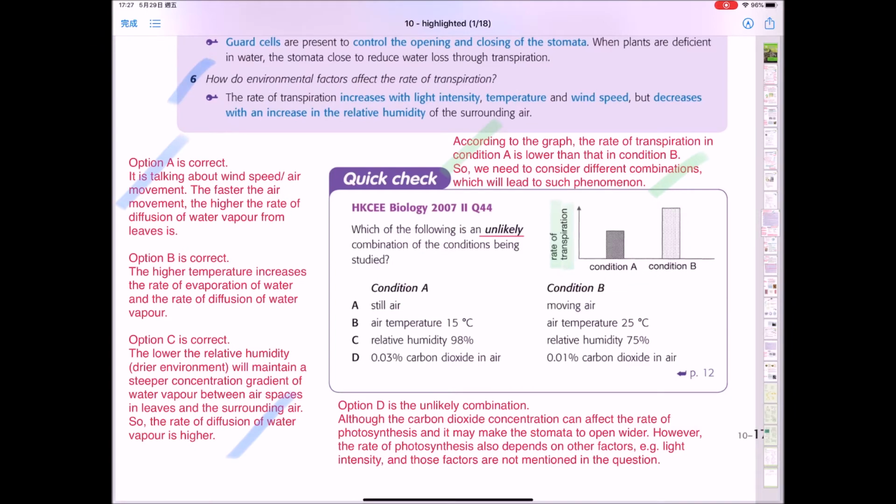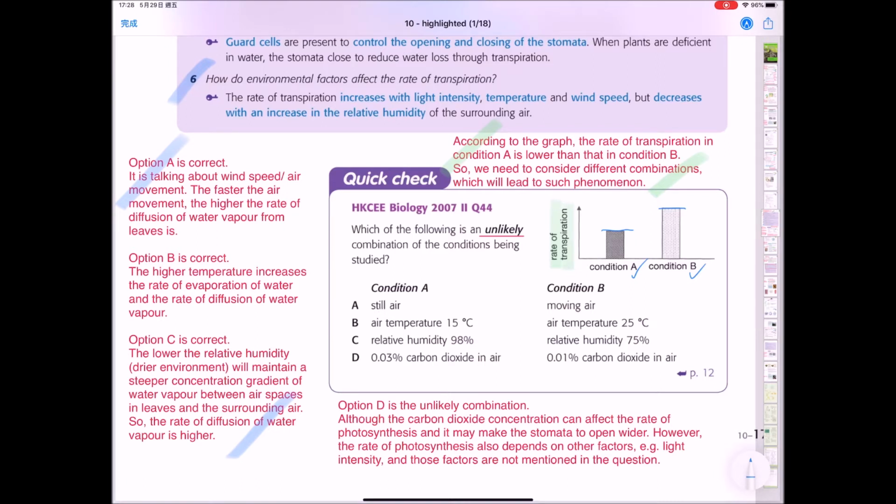Let's take a look at the first MC question. In this question, we look at a graph. In this graph, there are 2 environmental conditions, condition A and condition B. We can observe that the rate of transpiration in condition A is lower than that in condition B. So at least we know that there may be some environmental factor differences between condition A and condition B. The question asks which of the following is an unlikely combination of the conditions being studied.